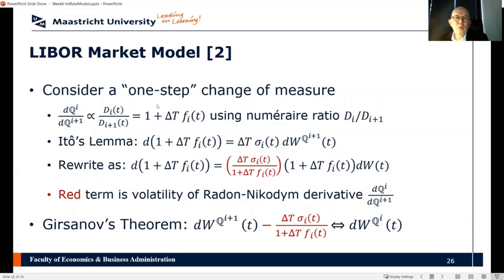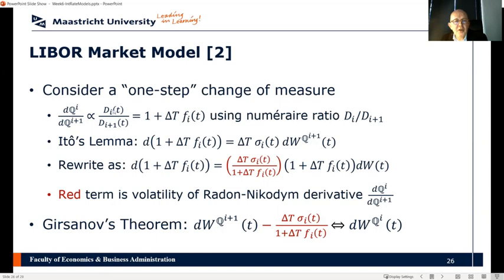And what is a nice choice to make is, let's consider a one-step change of measure. So what's the relationship, if I want to change from the Q^i probability measure to the Q^{i+1} probability measure, the Radon-Nikodym derivative that belongs to this one-step change of measure is the ratio of the numeraires, and the numeraire for the Q^i measure is the discount factor D_i, and the numeraire for the Q^{i+1} measure is the discount factor D_{i+1}.